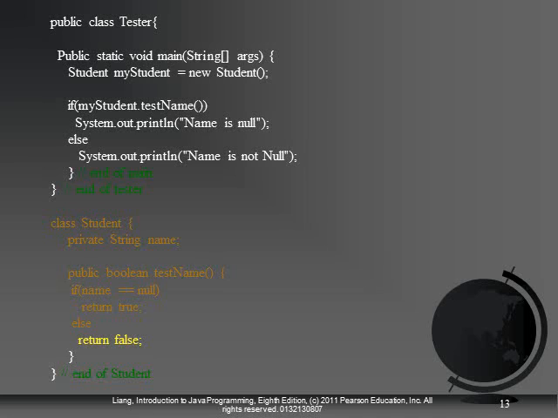I think you should note also that student as a class is not defined as part of tester. Notice that it is outside of the brackets that enclose the tester class. So the student class is something separate from tester. The student class is only defined in this way for testing purposes. Normally you would define a class by itself without the tester.